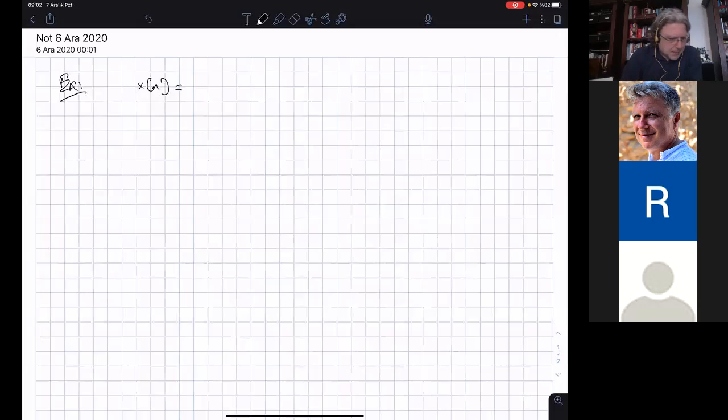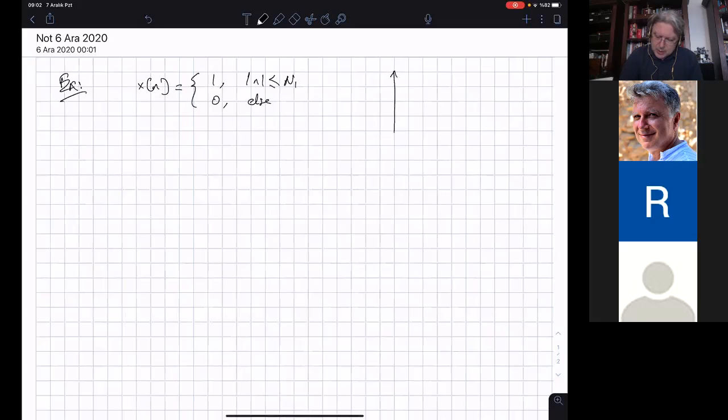Now, x of n is equal to 1 within the width of the rectangular window. Let's say it is from minus capital N1 to plus capital N1, something like that. And 0, of course, elsewhere. Now, what is the discrete time Fourier transform of this?